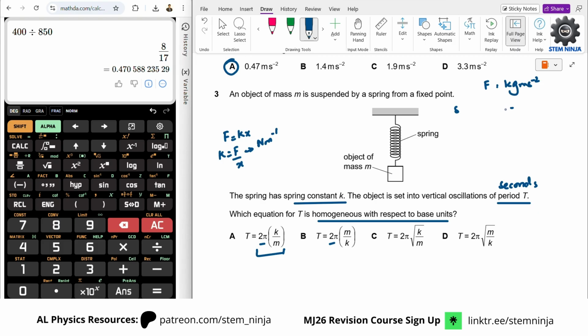So if k has kg meters per second squared divided by x, which is also Newton per meter, this and this would simply cancel out. So this would be just simply k, and this would be second squared. So meter over k, that's not going to be it.